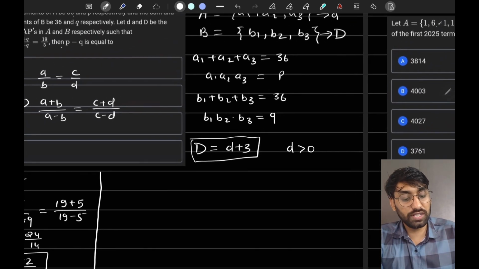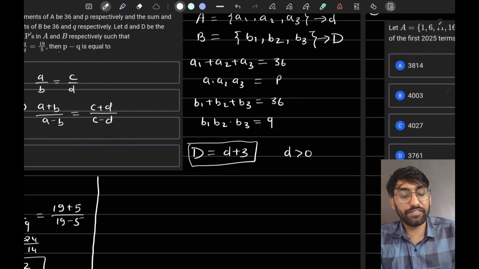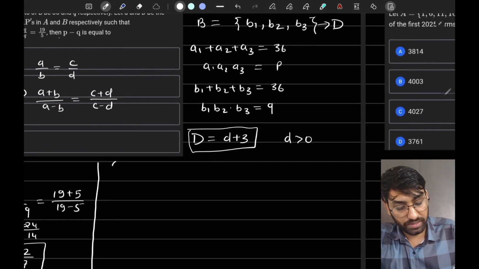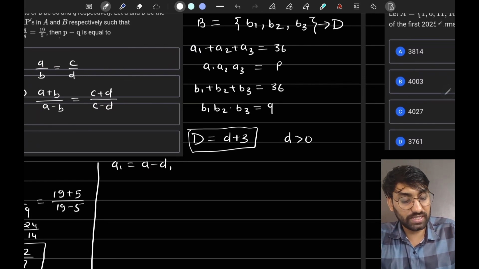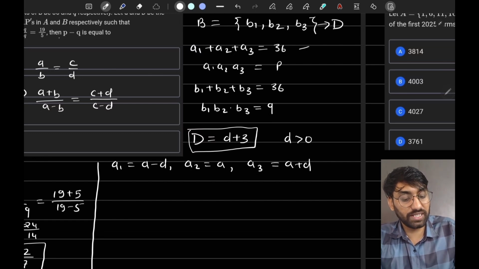Now if you closely observe these equations, for A, if I need to solve, I will assume that A1 equal to a minus d, obviously d is the common difference, A2 equal to a, and A3 will be a plus d. So the sum of the AP they have given is nothing but 36.